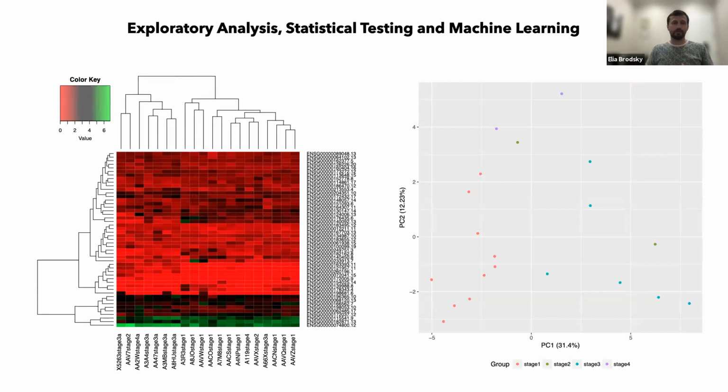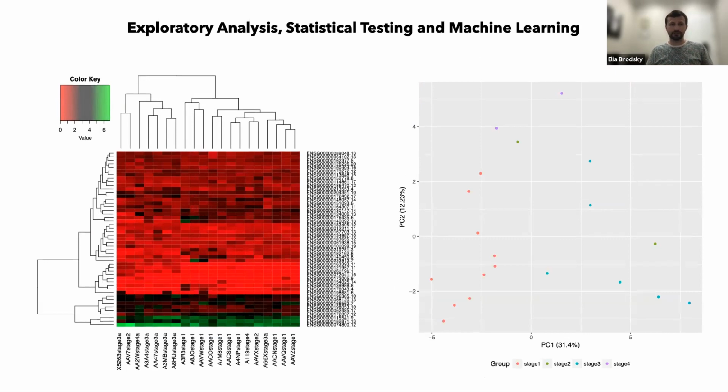How do we use elements of machine learning and statistical testing to be able to understand how the patterns characterize the data set in general, and what does that mean for downstream statistical or comparative analysis?